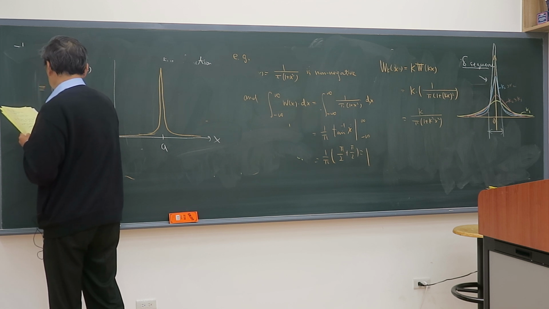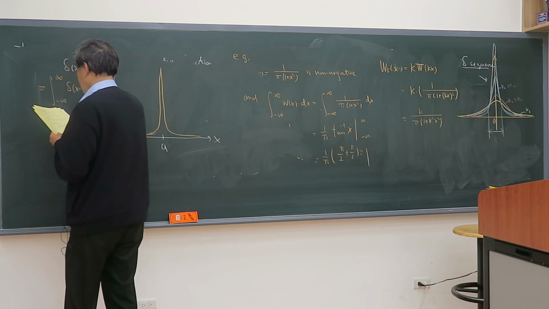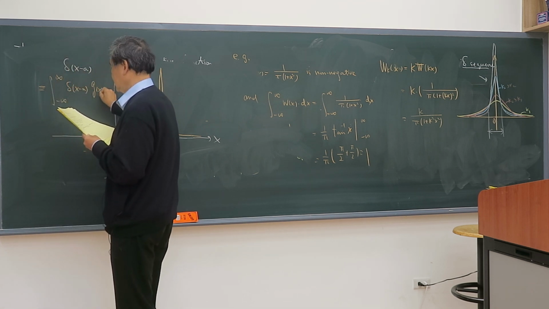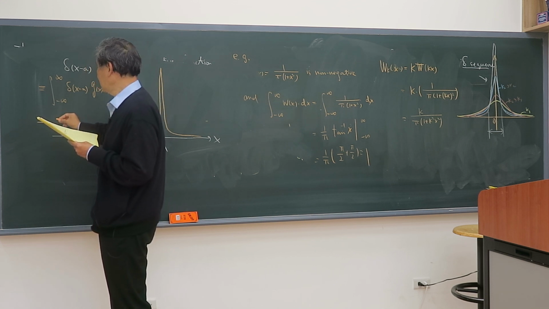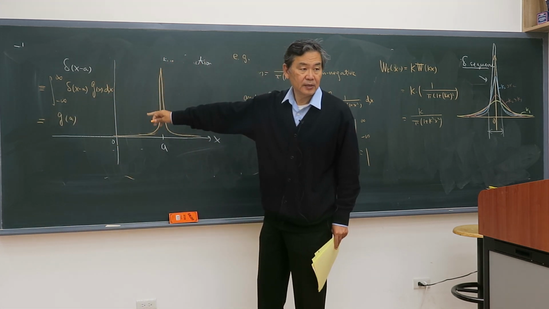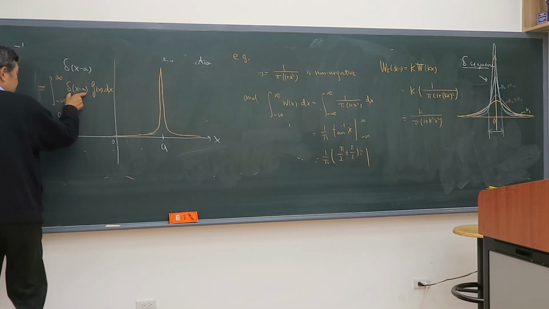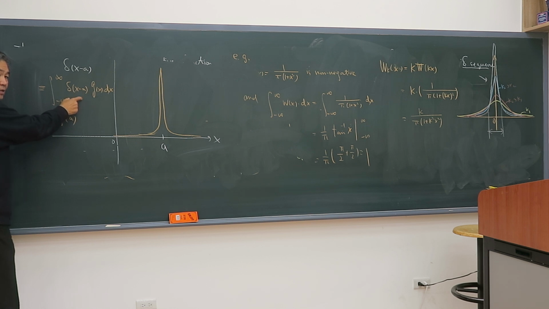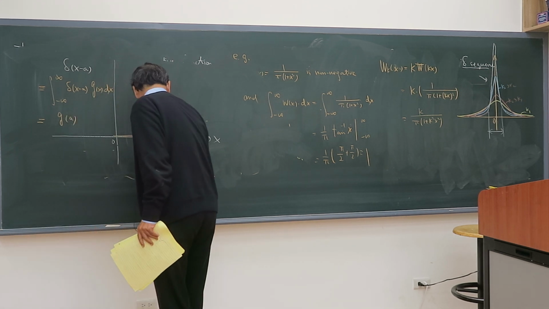This is defined as: if I do the integration from minus infinity to infinity of delta(x minus a) g(x) dx, then it will give g at a. So any function operated on by delta of x minus a, you just put the a value in.